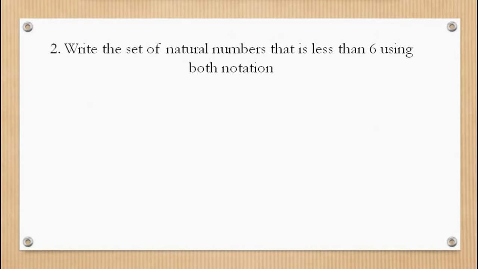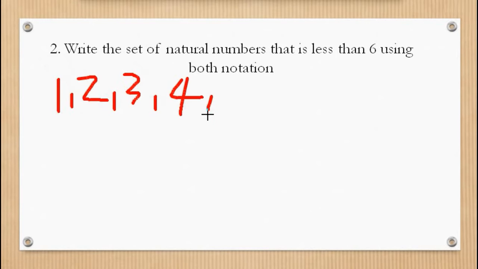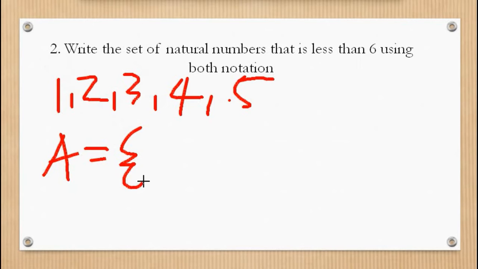Another example is, write the set of natural numbers that is less than 6 using both notations. So, natural numbers. Natural numbers are numbers starting from 1 and cannot be negative. So, lahat ng positive ang natural numbers. So, we're going to start by 1, 2, 3, 4, 5. Kasi less than 6.